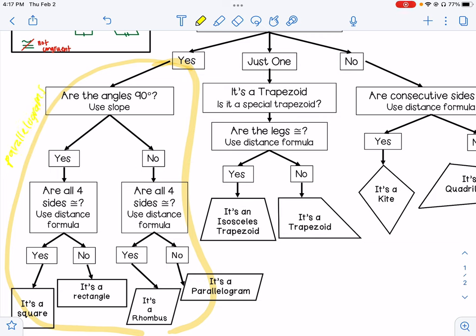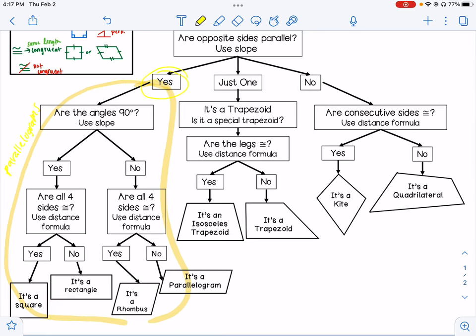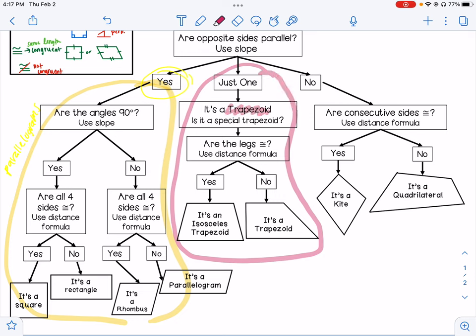And what that means is that both sets of opposite sides are parallel. If it is, it's a parallelogram. If only one set is parallel, then we're in the world of a trapezoid.